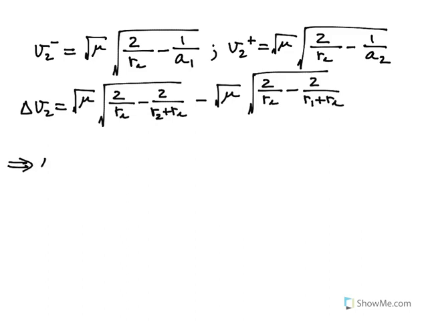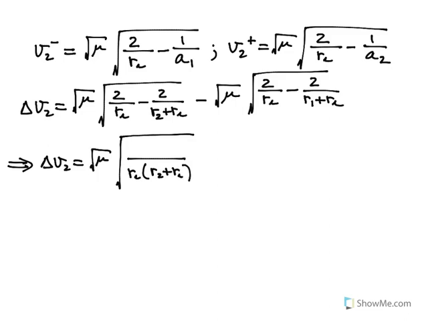So this gives delta V2 is equal to the square root of mu, and again we go through the same process where we put everything under a common denominator, and we get Ri times R2 plus Ri, and we get 2 times R2 plus Ri minus Ri. That's the first square root.